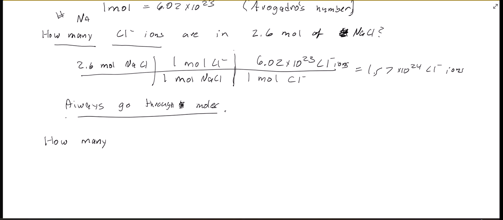So if I had the question, how many oxygen atoms are in 64 grams of O2 gas. Okay.